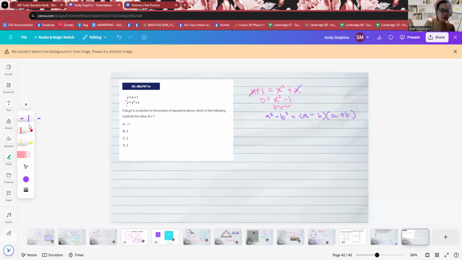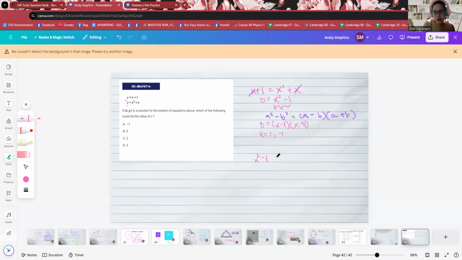So meaning we can rewrite x squared minus 1 that way, and we actually have x minus 1 and x plus 1. You can actually also isolate 1 on the other side and then just take the square root. That's another method. Either way, you should end up with x is equal to 1 or x is equal to -1.